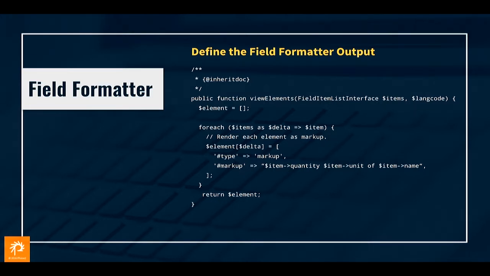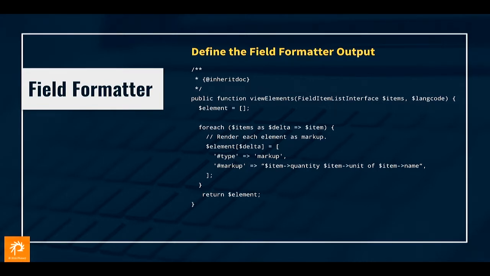So the item inside this foreach loop is going to be a single row of that field. You'll notice that we use the item arrow quantity, the item arrow unit, and so on to display the individual atomic elements of our field. And so that's how you're going to access each individual value or each individual data point, as opposed to something like if it was item arrow value for a more standard field.